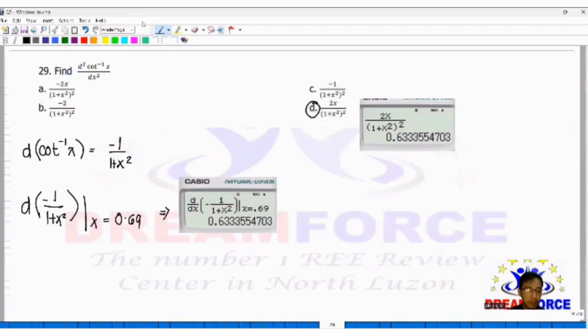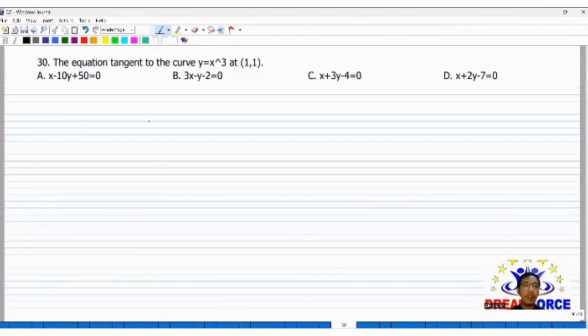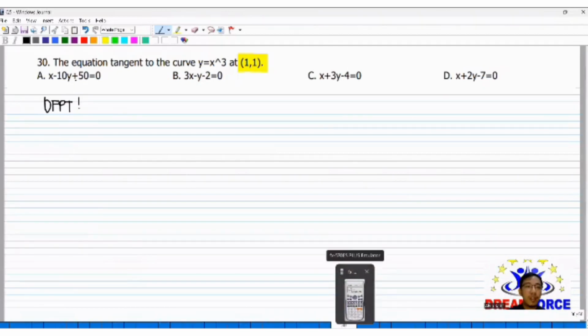Okay, next. Number 30. The equation tangent to the curve y is equal to x cubed at 1, 1. So again, since nagbigay siya ng point dito, pwede po tayong mag-passing through. Check natin kung magsasatisfy yung letter A. So 1, 1 po natin, no?